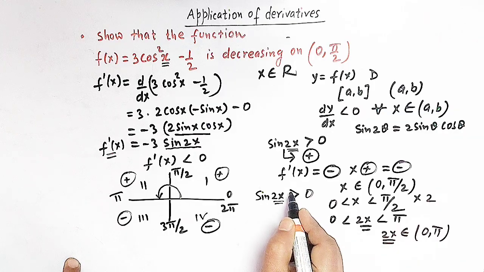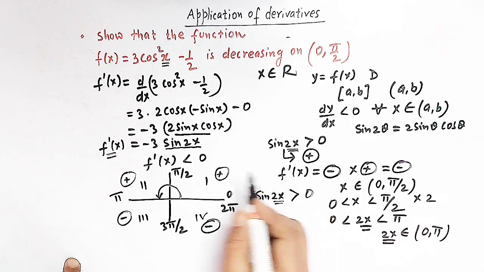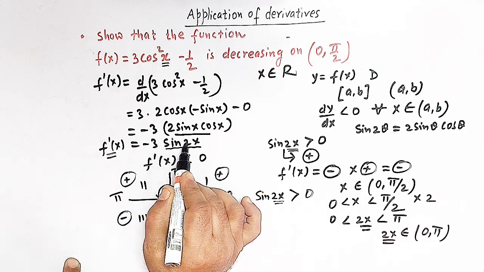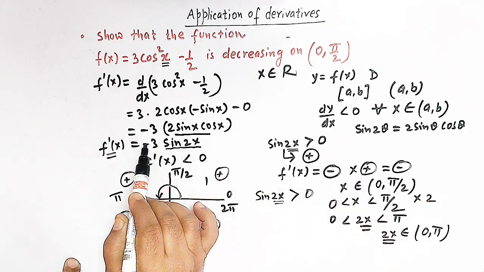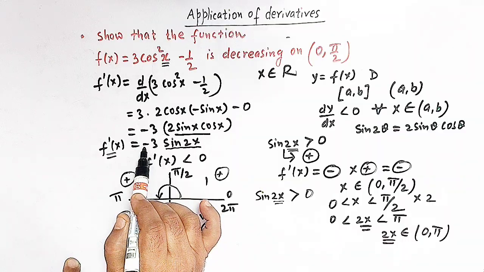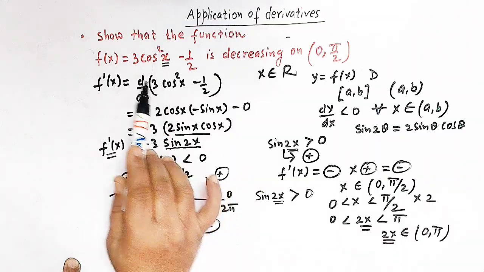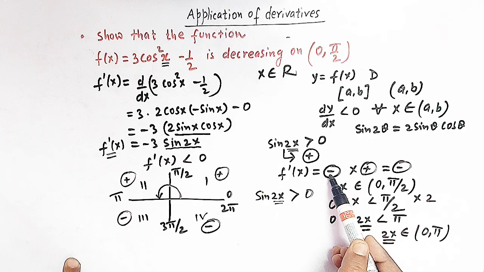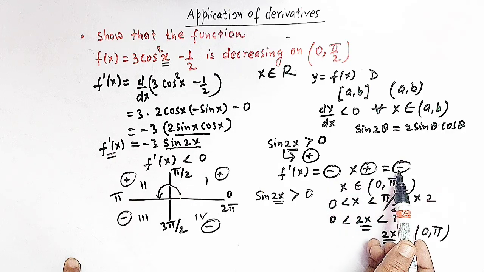So sine 2x is greater than 0, that is, it is positive, and here we already have a negative sign due to the derivative, and the product of negative and positive is negative.